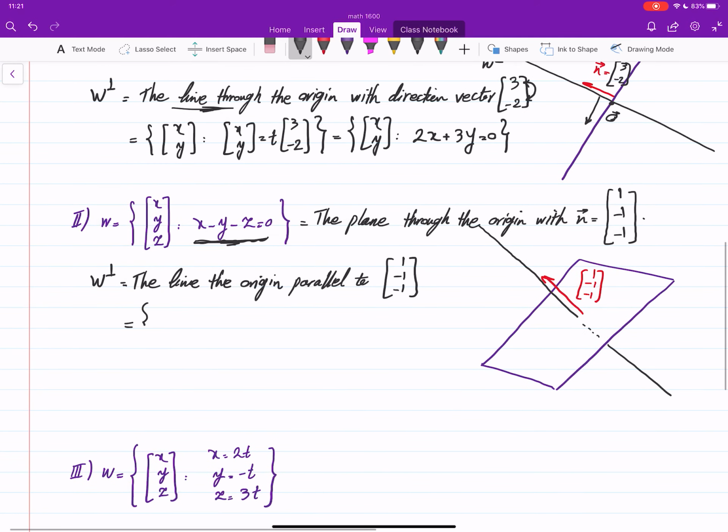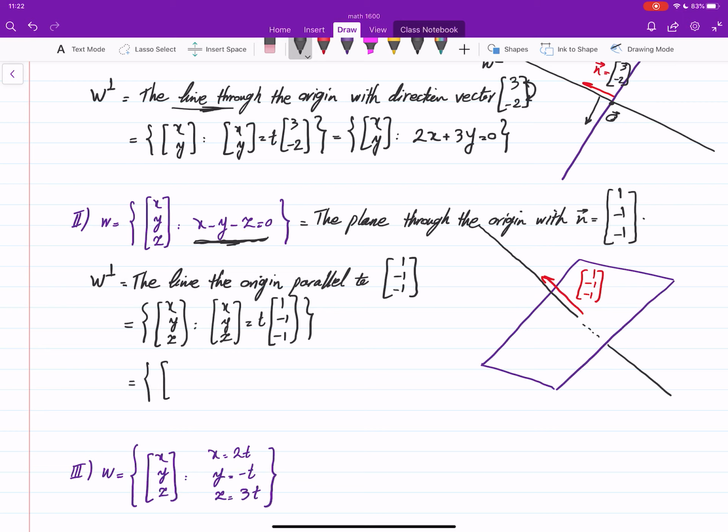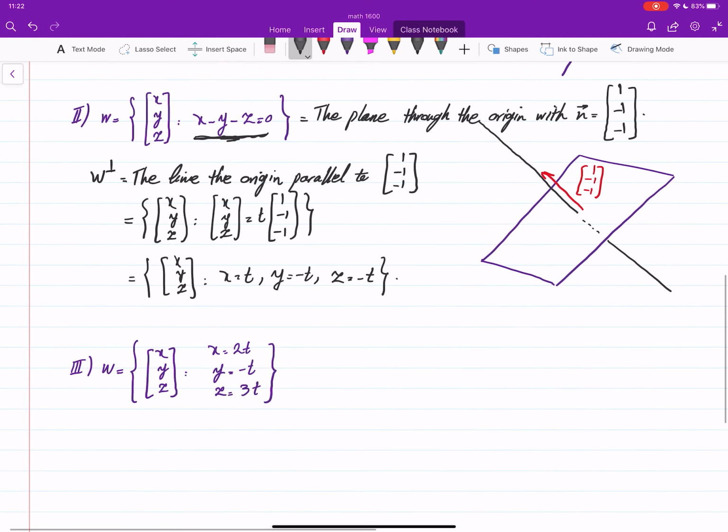So this will be all (x, y, z) such that (x, y, z) equals 0 plus t times (1, -1, -1), the vector form of this line. Or we can make the parametric form also. So x is equal to t, y is equal to negative t, and z is equal to negative t. That's another example.